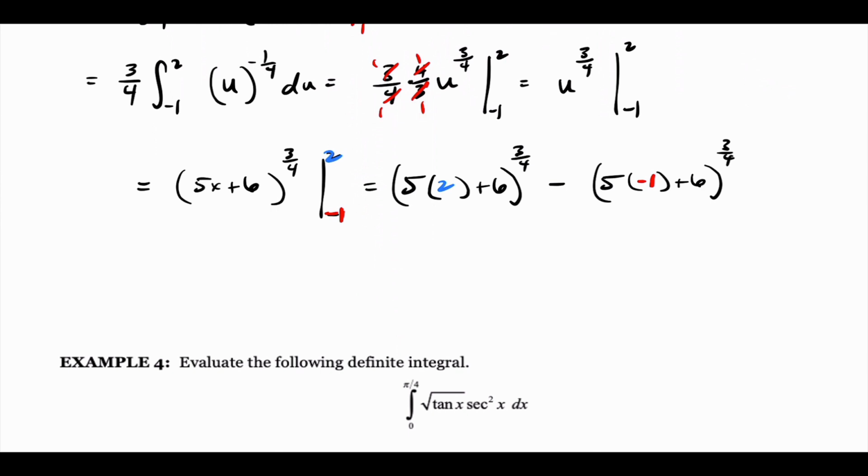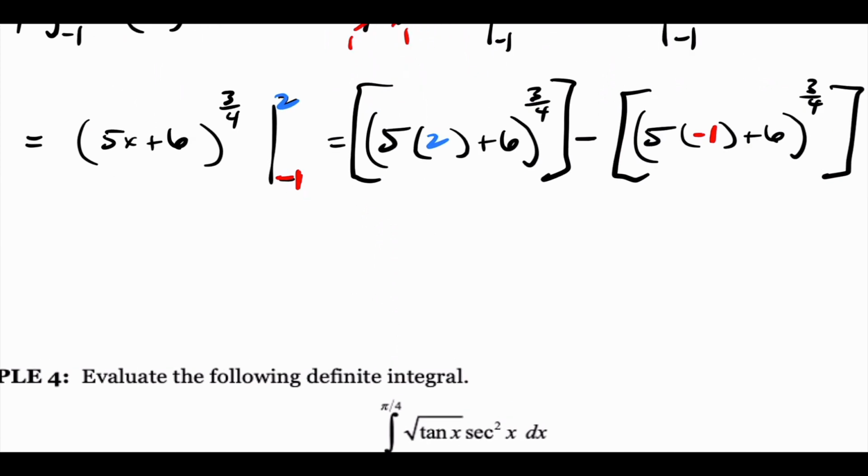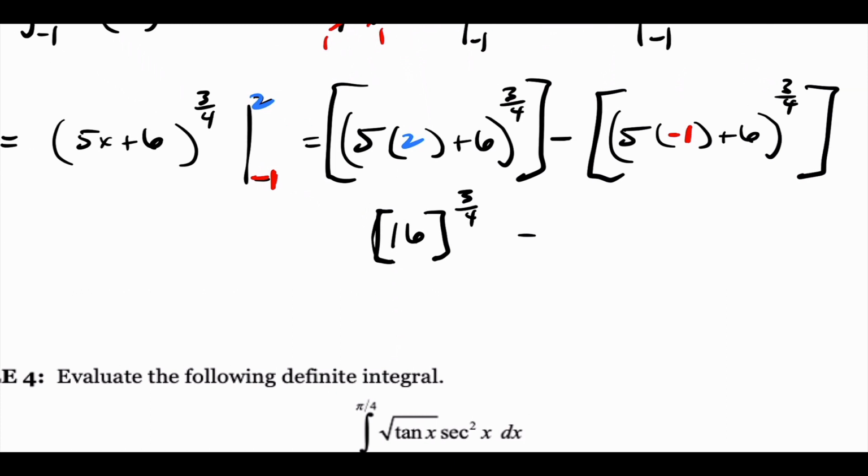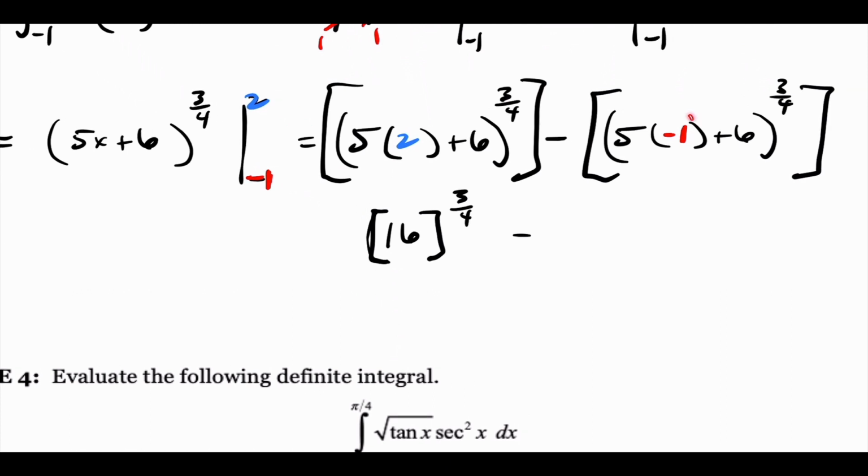And see what we get. Well, 5 times 2 is 10, plus 6 is 16, so I get 16 to the 3/4 power. Over here I get 5 times -1 is -5, plus 6 is 1, so I get 1 to the 3/4 power.